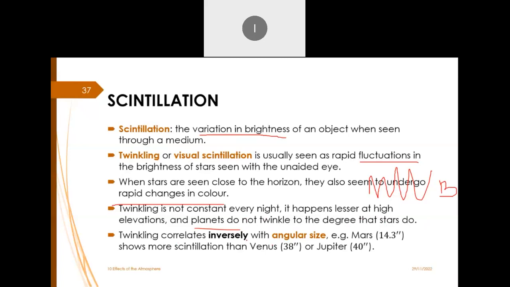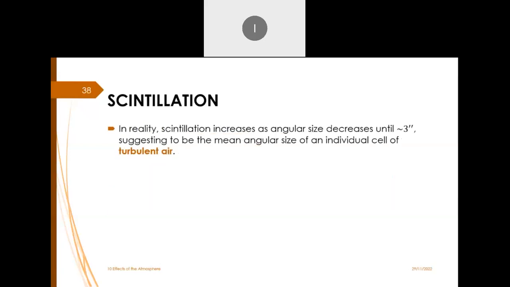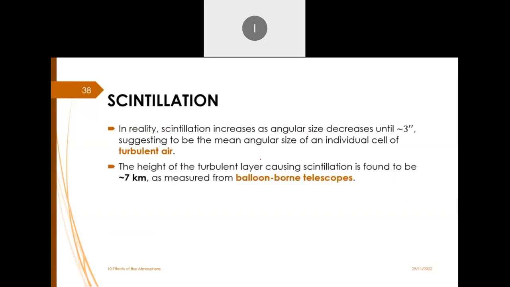Twinkling correlates inversely with angular size. For example, Mars shows more scintillation than Venus. So the twinkling is about the fluctuation in the brightness. In reality, scintillation increases as angular size decreases, suggesting the mean angular size of an individual cell of turbulent air.